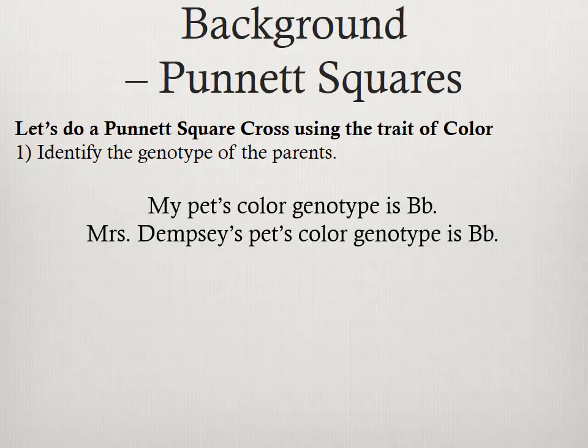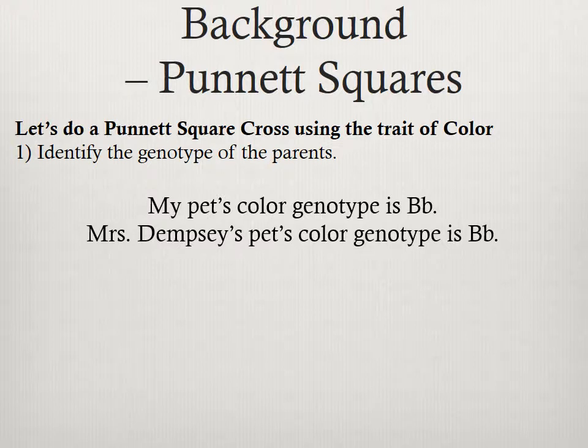So let's go through some background. We're going to do what's called a Punnett square cross. And I'm going to do one with you so you know how to do it, so that when you go through and do your crosses, you've actually been through the process already if we haven't gotten through this in class. So the first thing you want to do is identify the genotype of the parents. So let's say that you choose for your pet to be blue.